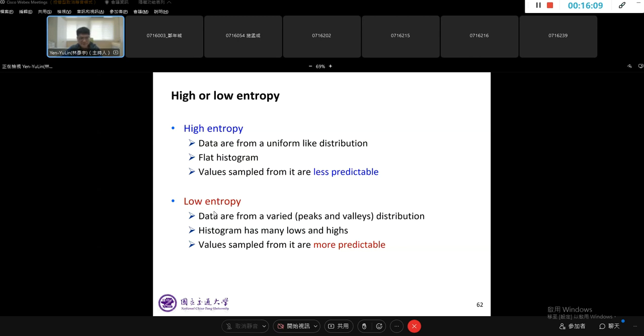A lower entropy indicates that data are from a varied distribution. There are a single peak or a few peaks, and most classes form the valleys. The histogram has many lows and highs. Values sampled from low entropy are more predictable. So we would like to have a split such that we can significantly reduce the amount of entropy.